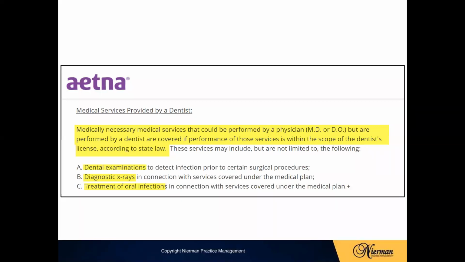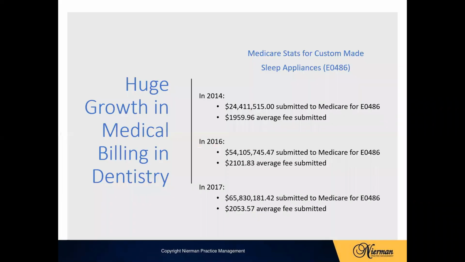So that's probably the second best kept secret other than the TMD. So this is definitely something that the policies will spell out, which is nice because the policies will spell out what's covered and what's not covered. Sometimes they'll even list the codes in it.